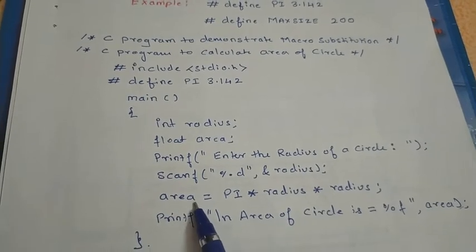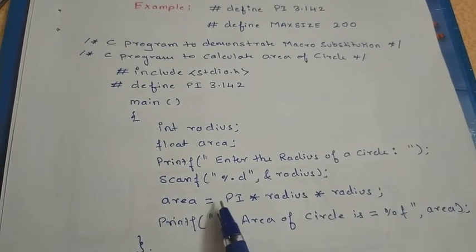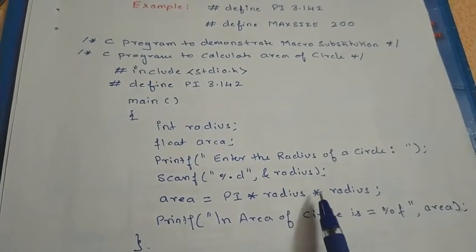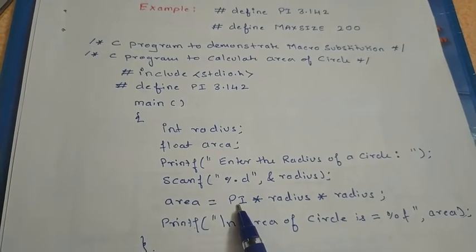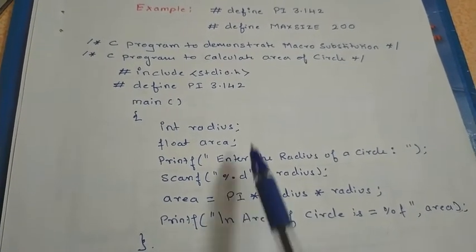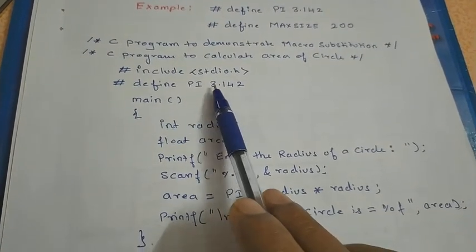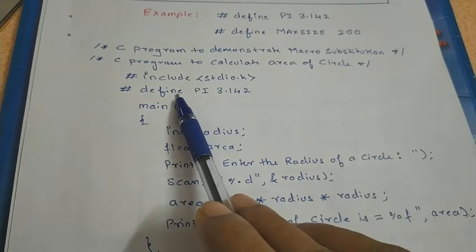To calculate the area of a circle, we have the formula area equal to PI into r, that is radius. Here you can see that PI I have not declared in the declaration part, but I have assigned the value of PI as 3.142 above the main function.